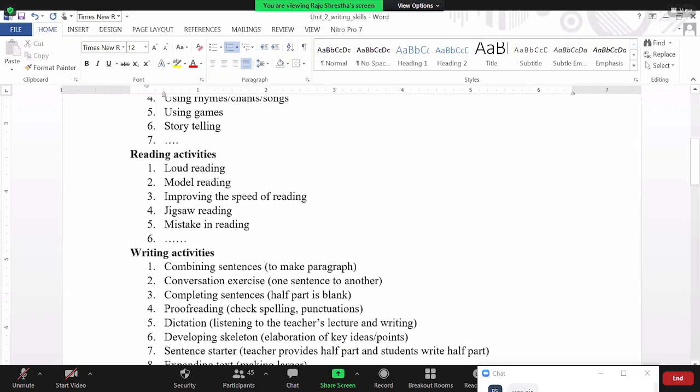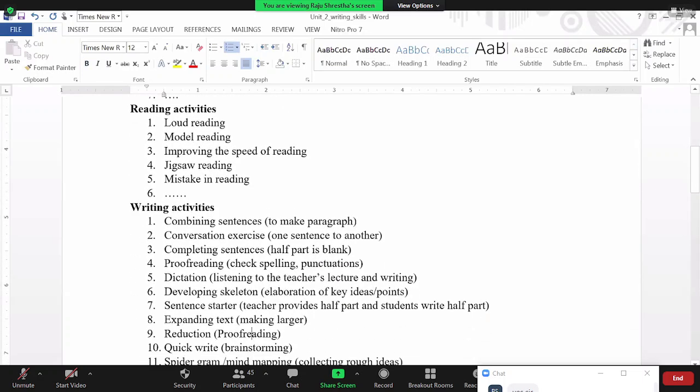And there are a few writing activities that we can use in lower secondary class also. Combining sentences to make a paragraph, then conversion exercise. Conversion is changing from one sentence to another sentence. And completing sentences: half part is blank, then half part is given. This is also known as sentence starter activity.